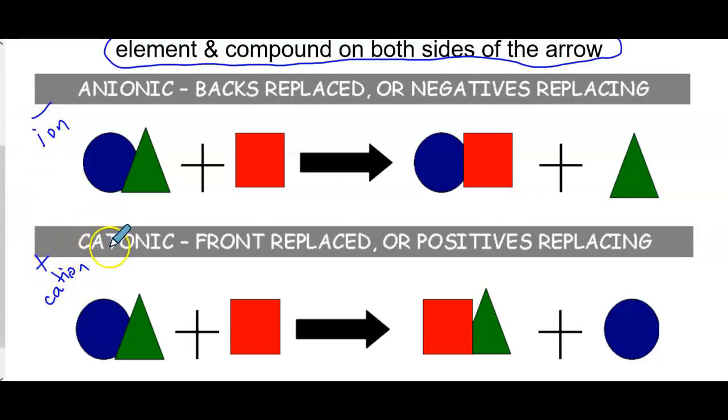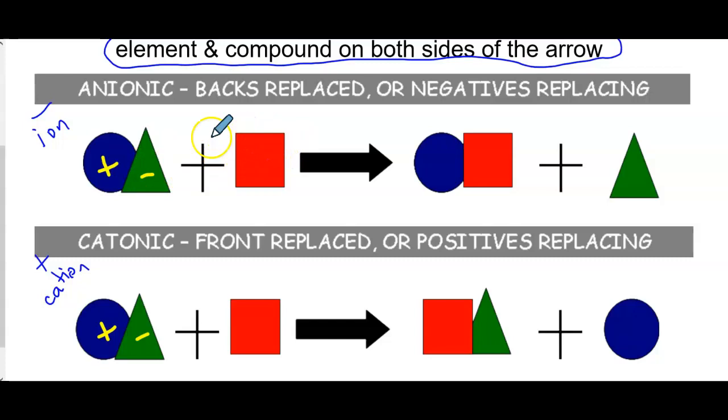Okay, so cation. What you noticed here is that, remember, this would be a plus and a minus if it was a compound, just like this would be a plus and a minus. The positive's always in the front if there's a plus and a minus. So both of these have a positive bonded to a negative, known as an ionic compound.